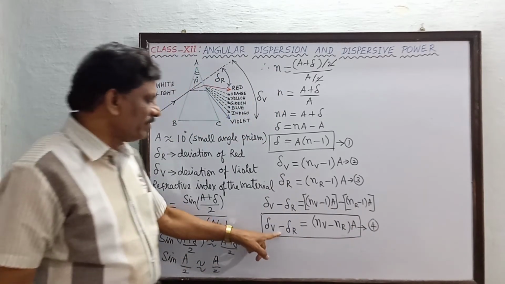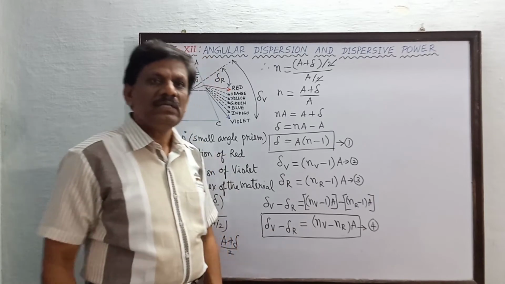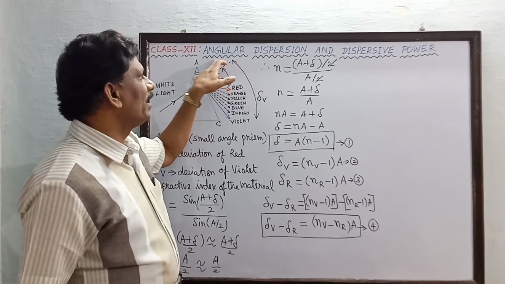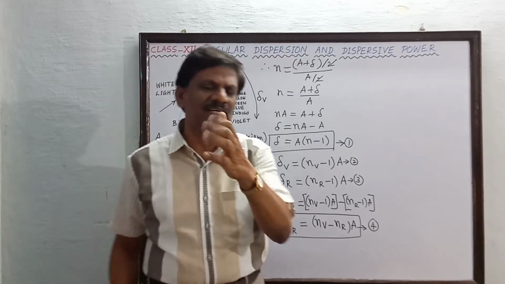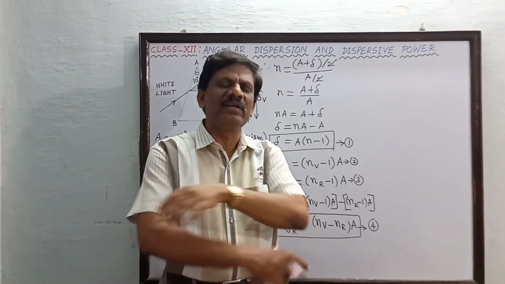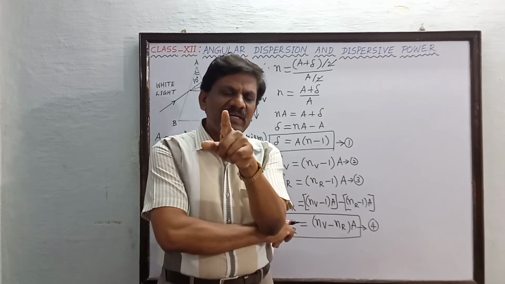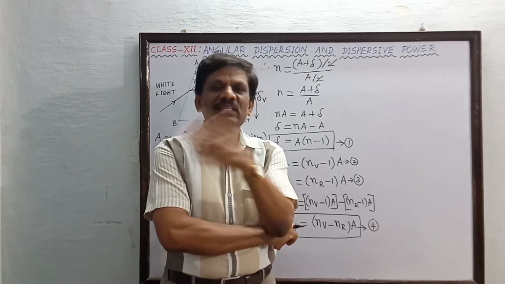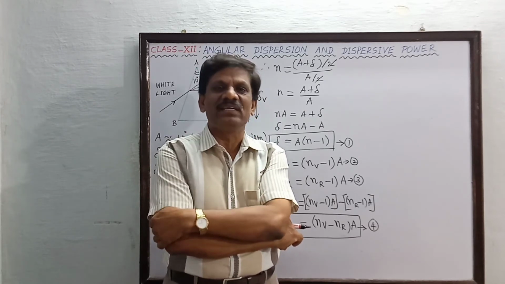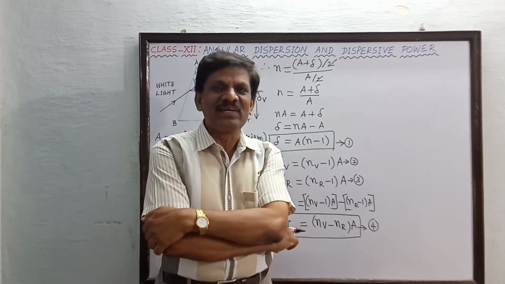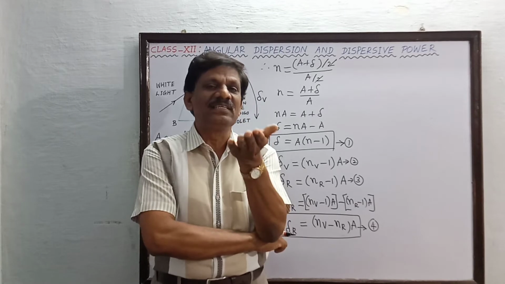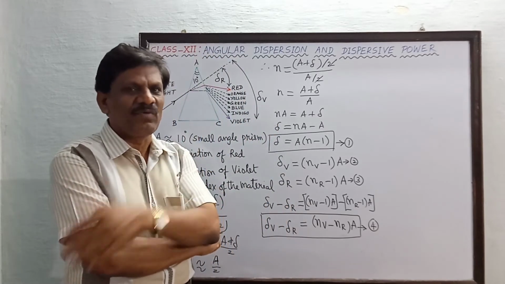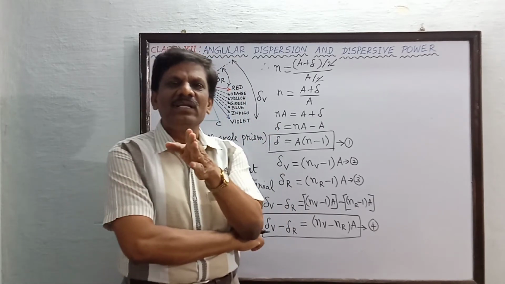The left hand side of equation 4 is called by the name angular dispersion. So what is the definition of angular dispersion for a prism? It is defined as the difference in the deviation for the two extreme colors. Which are the two extreme colors? Violet and red. So deviation is maximum for violet and minimum for red.